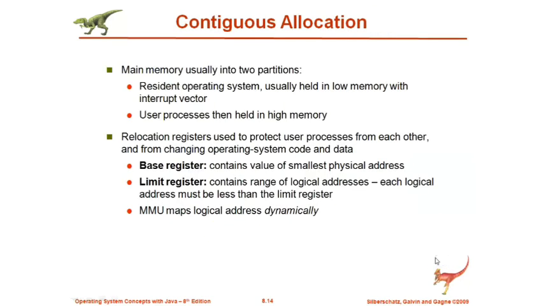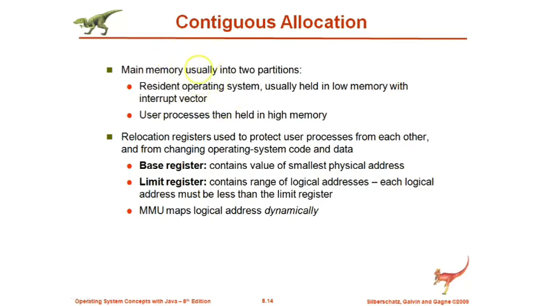Next we'll see contiguous memory allocation. In contiguous memory allocation, the memory is usually partitioned into two partitions. One is the resident operating system, usually held in low memory with the interrupt vector. This is the system memory.